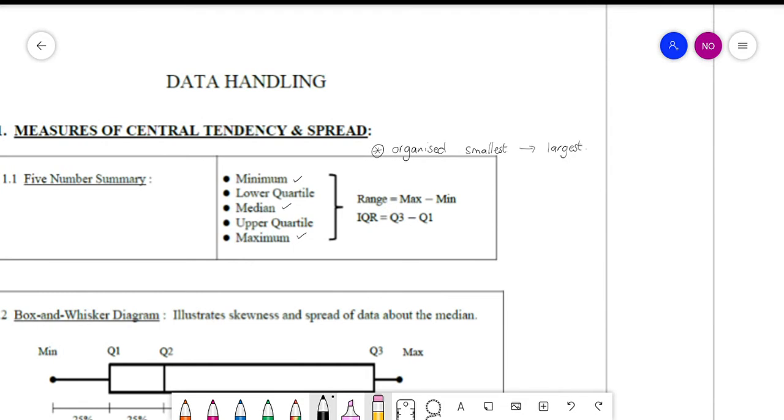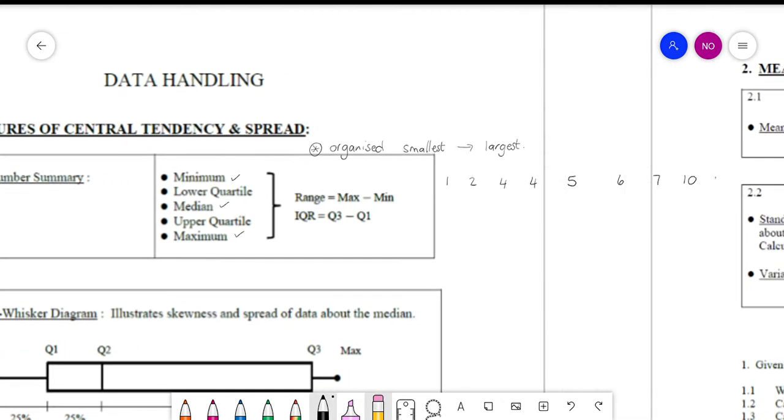So from the median, we actually lead into the lower quartile and the upper quartile. So I'm just going to write down a data set here so that you guys can just get an idea of what we are working with. Like that. So that is an organized data set.